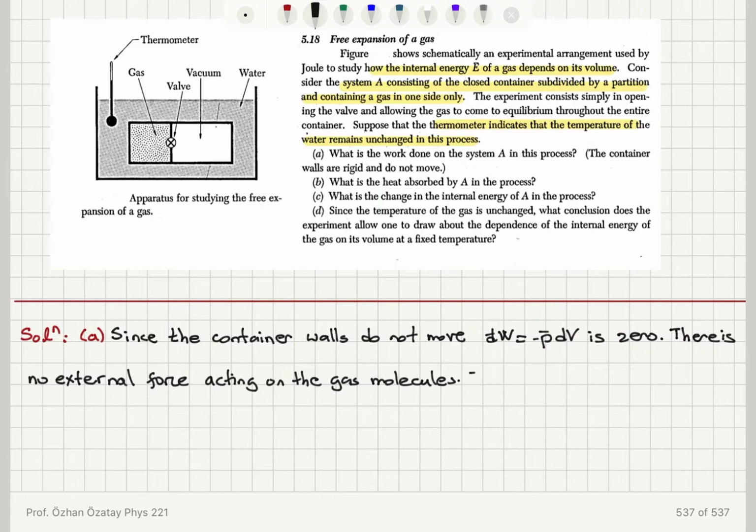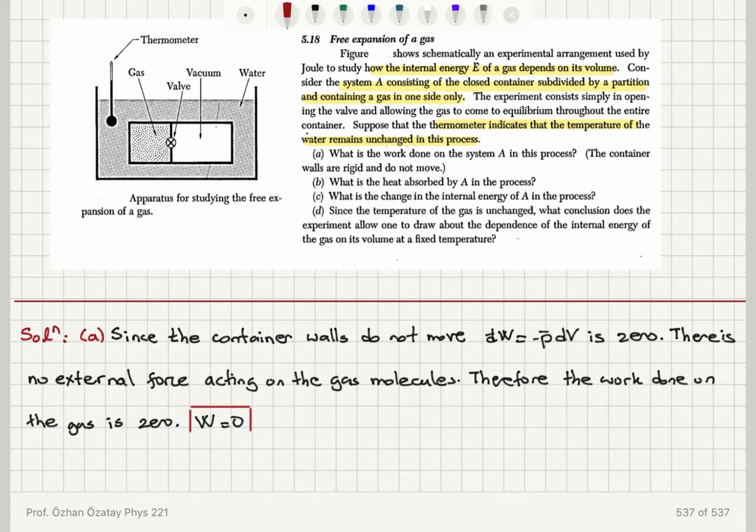Therefore, the work done on the gas is 0. So W is 0.